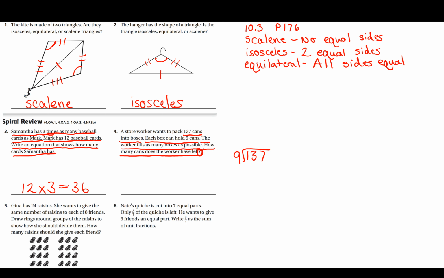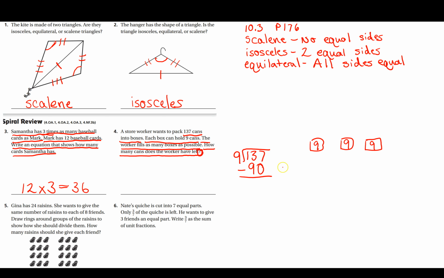Another option is we can do repeated subtraction, but rather than start with just subtracting 9, I'm going to use a little bit of common sense and jump all the way up to 90. Because I know 10 times 9 is 90, so I know we can have 10 of those boxes with 9 cans in each box. If I have 10 of those boxes with 9 cans in each box, I have 90 cans so far.